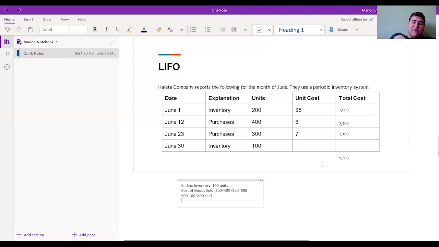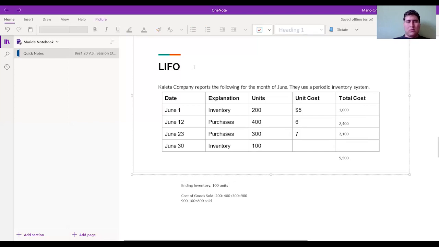So if we're trying to find just ending inventory in units, what are we going to do to find our ending inventory cost? Or first, let's say, what does LIFO mean? That's a better question that I should ask first.